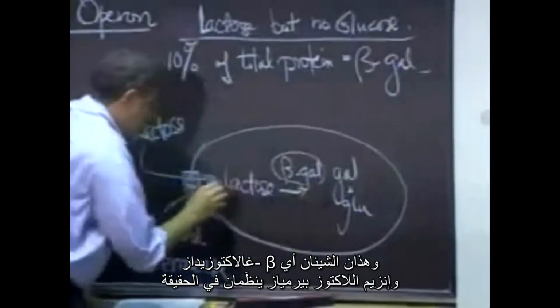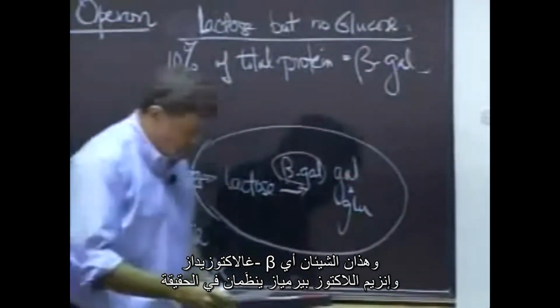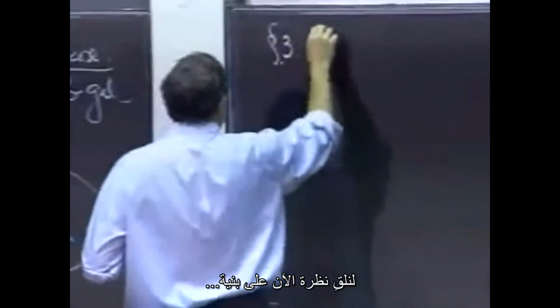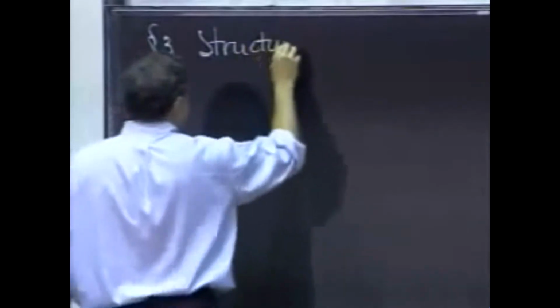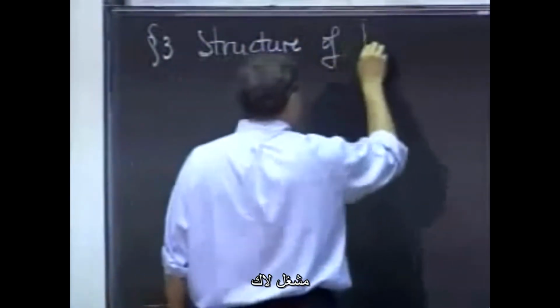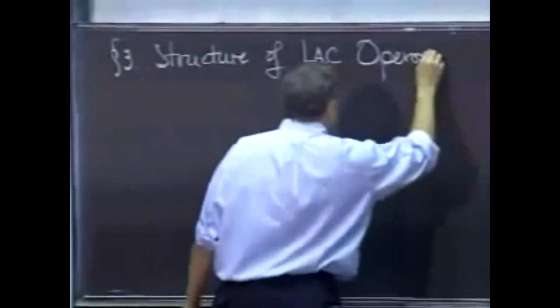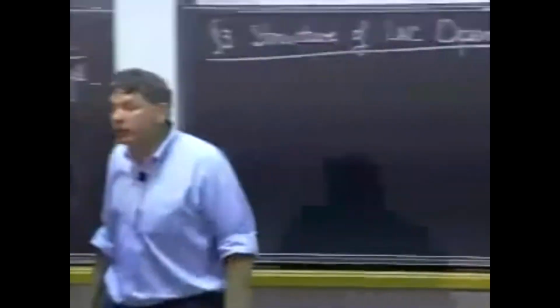These two things, in fact, both get regulated, beta-gal and this lactose permease. So how does it work? Well, let's take a look now at the structure of the Lac Operon. So I mentioned briefly last time, what's an operon?